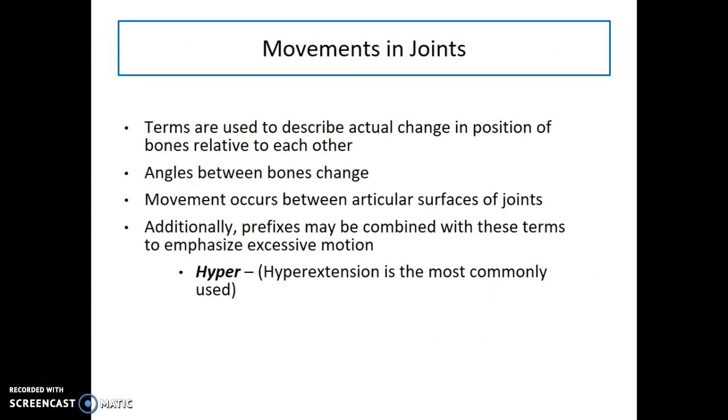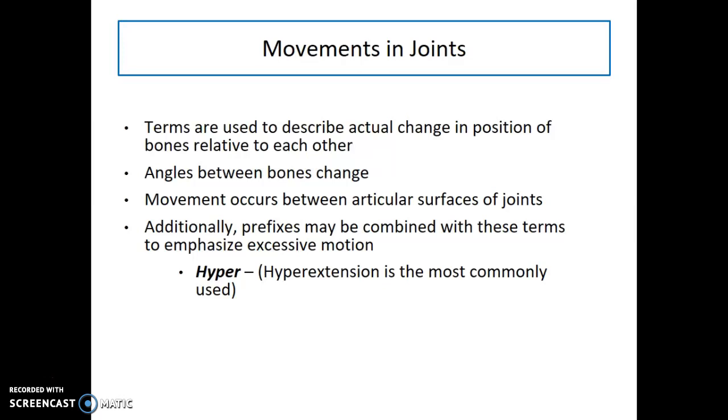So, other things to remember when it comes to movements in the joint. Terms are used to describe actual change in position of the bones relative to each other. When the angles between the bones change, movement occurs between the articular surfaces of the joint. When two bones are connected, that's the articular surface.